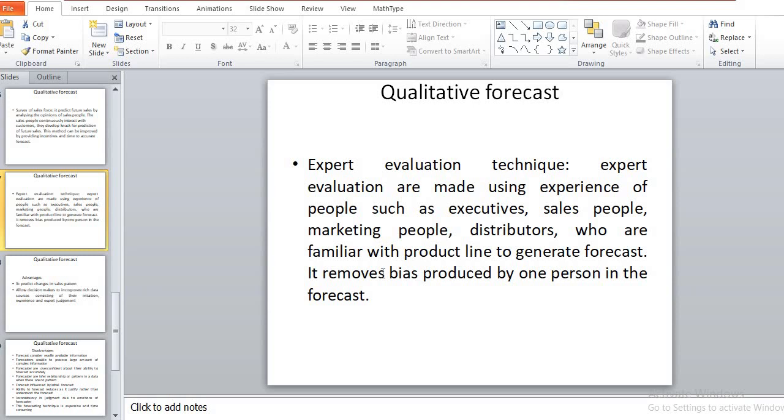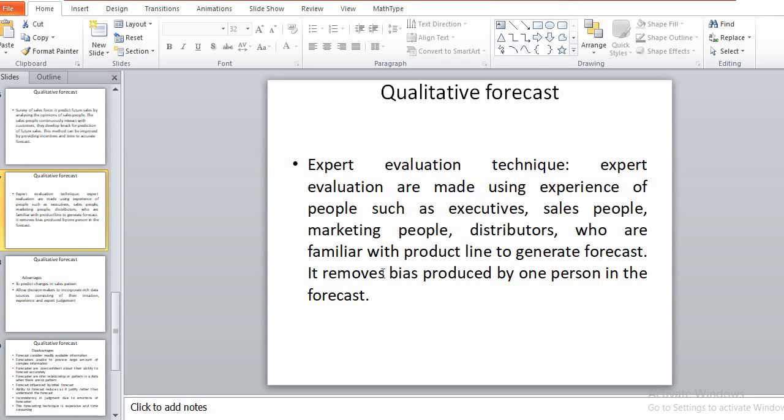By using this opinion, we can forecast that particular product.